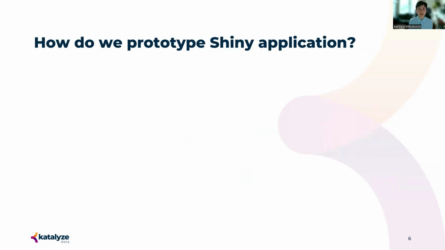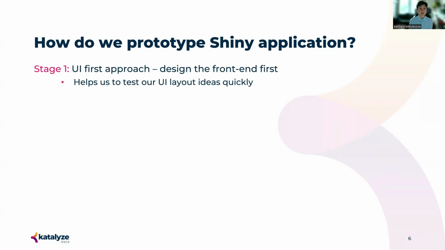So how do we prototype a Shiny application? We can break this into roughly 3 stages. In stage 1, we should purely focus on developing the outline of our user interface. Go front end first. This is because it will help us to get clear on the final UI design and also test the overall layout quickly.